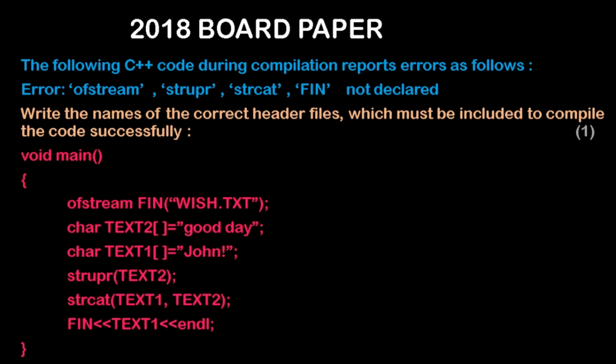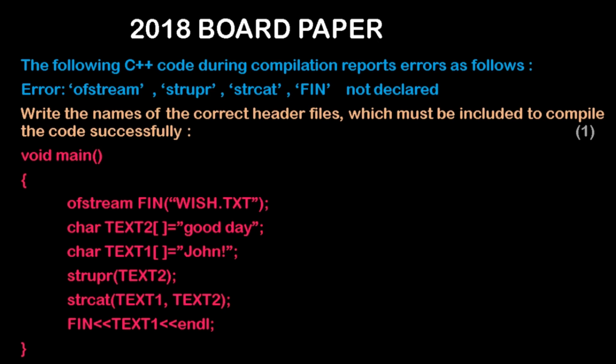The given code is void main, ofstream fin("wish.txt"), wish.txt is a text file, char text2[] = "goody", char text1[] = "John", strupr(text2), strcat(text1, text2), fin << text1 and so on.